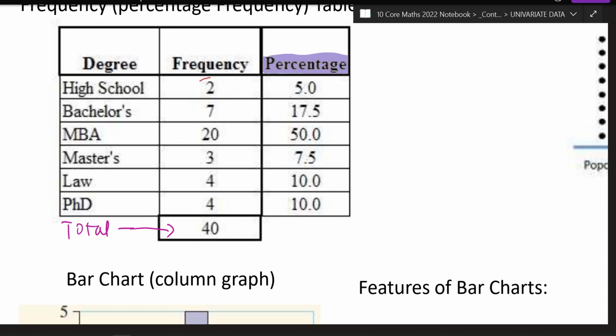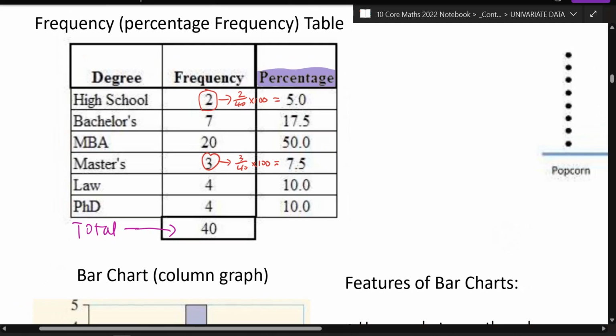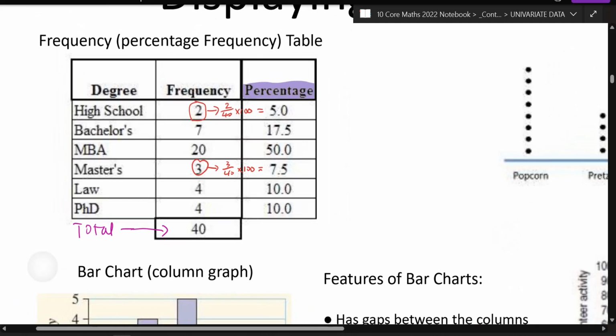So in this manner, this would be 2 divided by 40 times 100, and it would give you 5%. For masters, this one, it would be 3 divided by 40 times 100, which will give you 7.5%. So you need to include the percentage in these frequency tables. We'll go into more detail about that shortly.